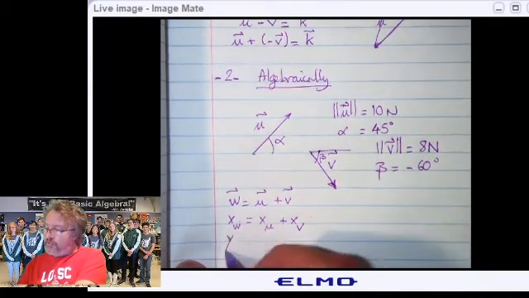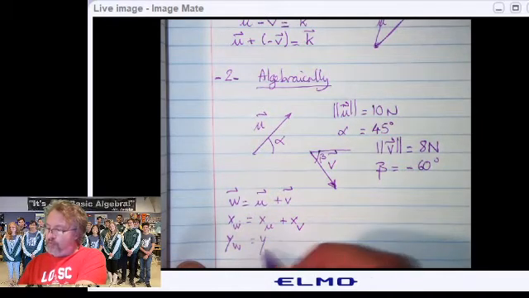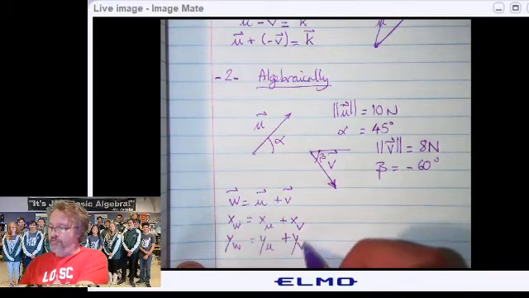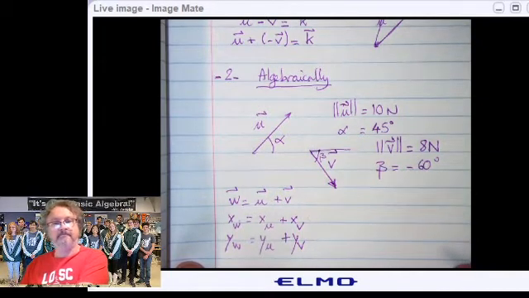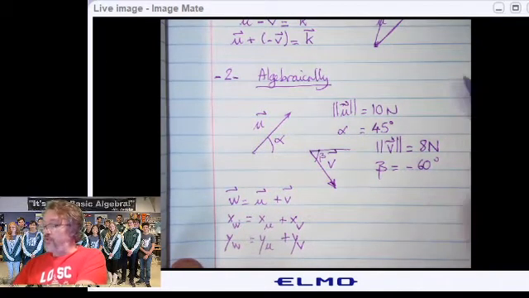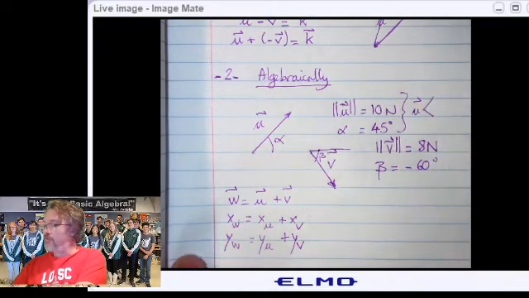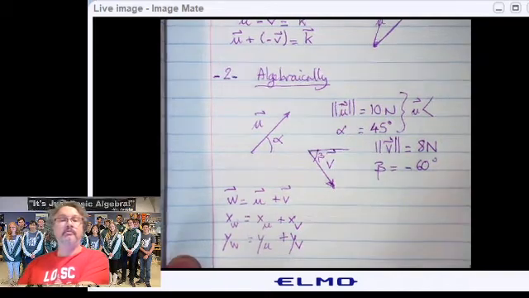And the y-component of the vector w will be the y-component of the vector u plus the y-component of the vector v. Okay? Which means that from here, all we need are the components of the vector u.